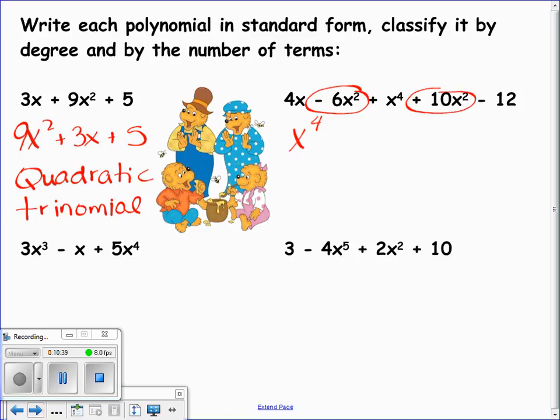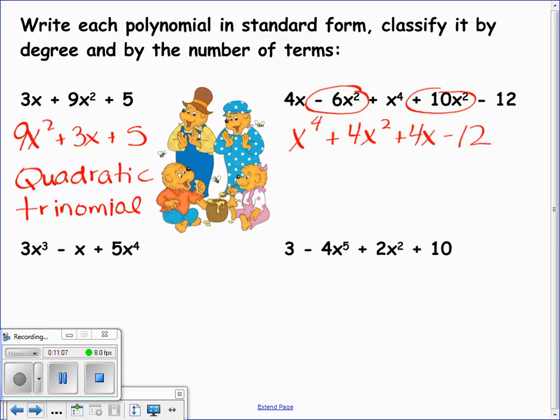Try again. Negative 6 plus 10 is 4x squared. If you have like terms, please put them together. Plus 4x, and then minus 12. Yeah, you ignored them. If you have like terms, put them together, and then put them in the right order.